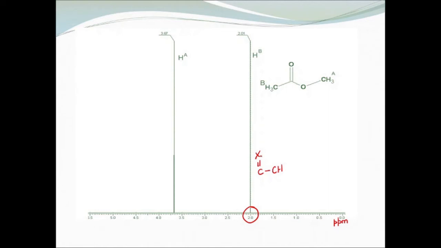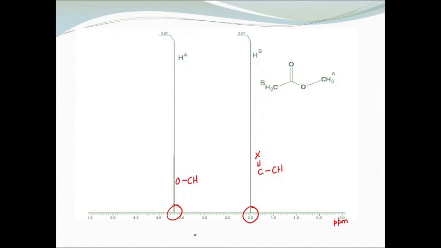This could be a carbon-carbon, carbon-oxygen, or carbon-nitrogen double bond, but it is a CH bonded to a carbon double bonded to something. Out here, at about 3.7 ppm, we are in the alkoxy region, so this is where we have our CH that's bonded to an electronegative atom such as oxygen.